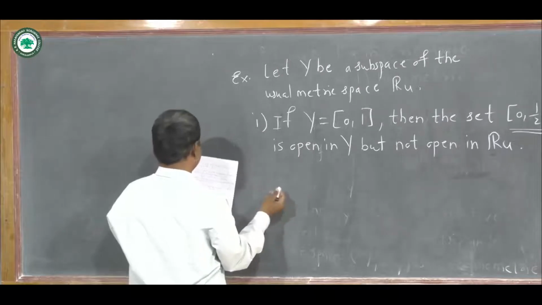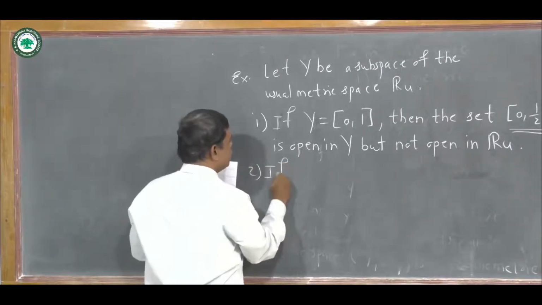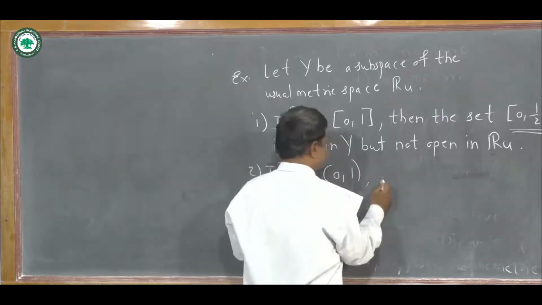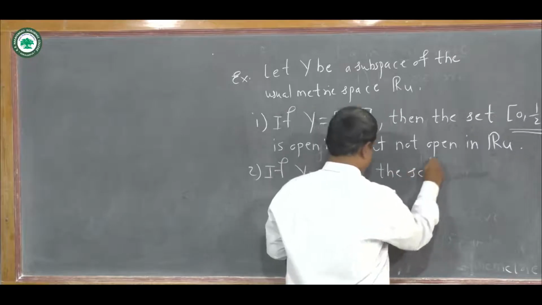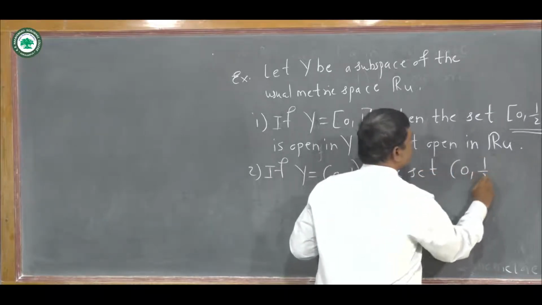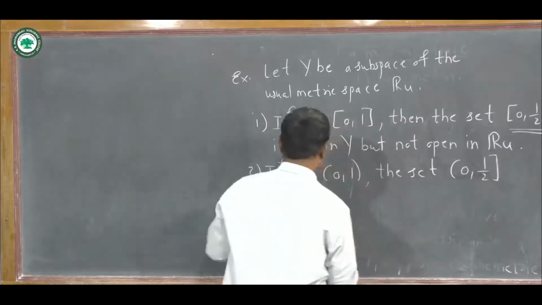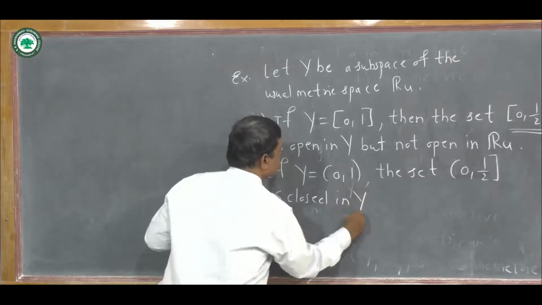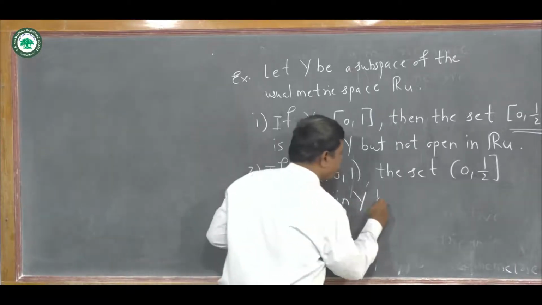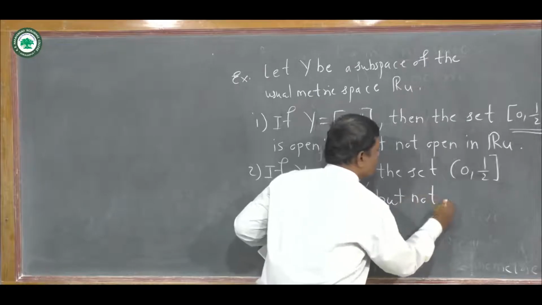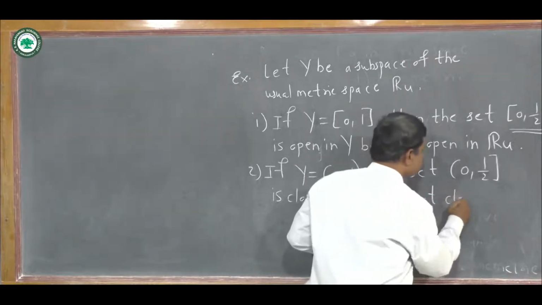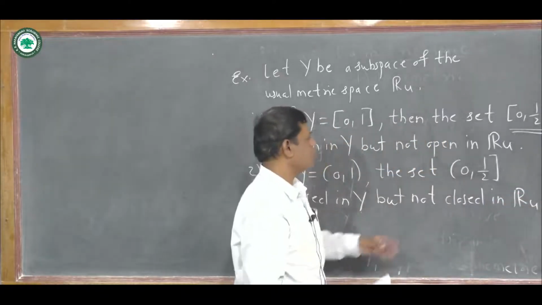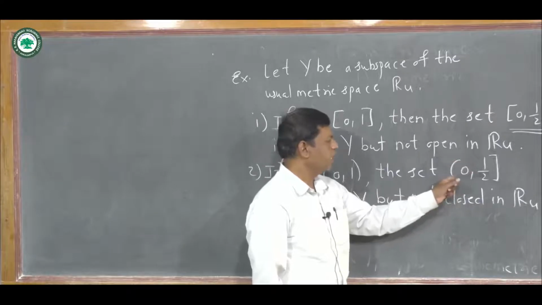The second example is that if you take Y equal to the open interval (0, 1), then the set (0, 1/2] is a closed set in the subspace Y, but it is not closed in R_u, because we know that in R_u closed and bounded intervals are the closed sets.